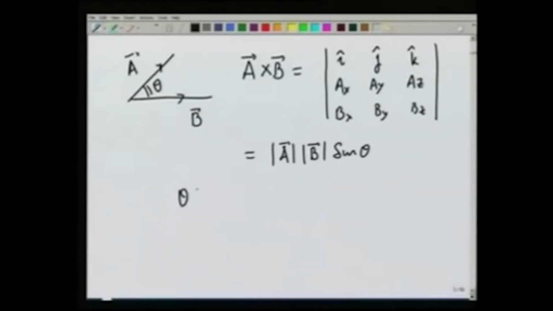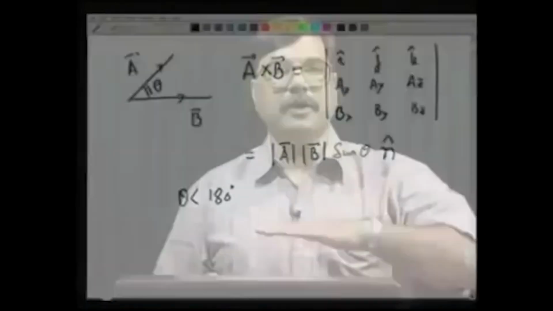So, theta is less than 180 degrees, times a unit vector in direction n, where n is perpendicular to both a and b. So, it is perpendicular to the plane formed by a and b.